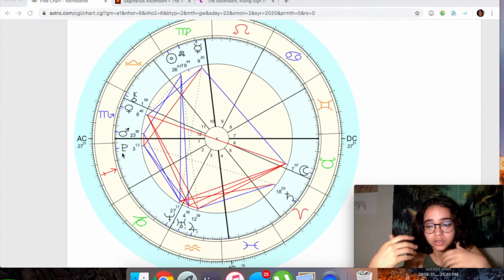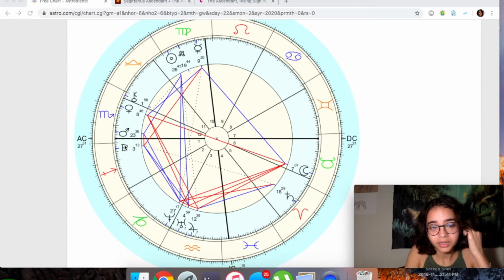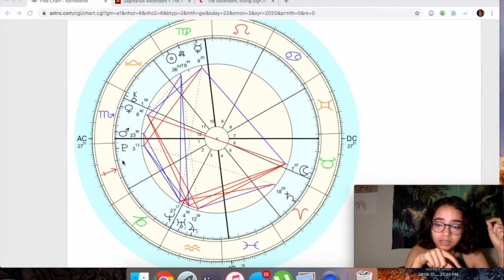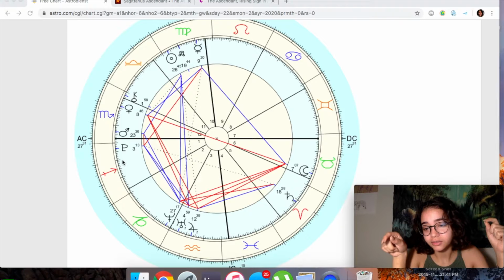And when there are planets in your first house, as you can see, this person has Pluto in his first house. When there are planets in your first house, it just puts the energy of that planet into that perspective of your life.